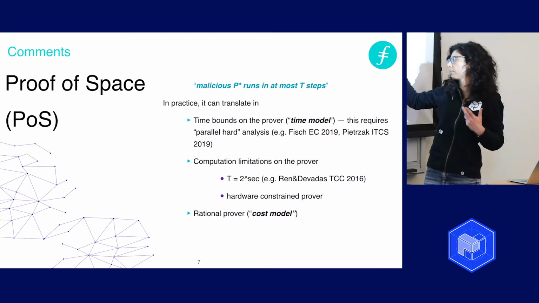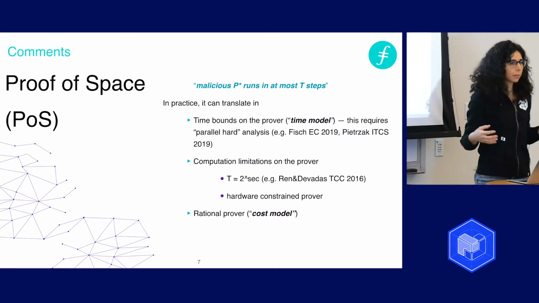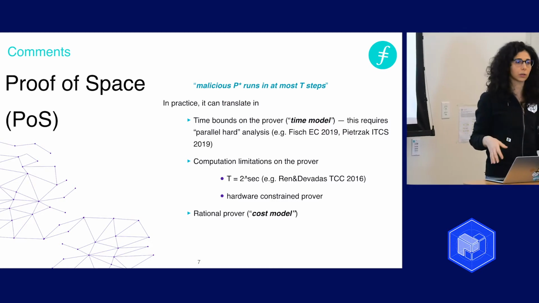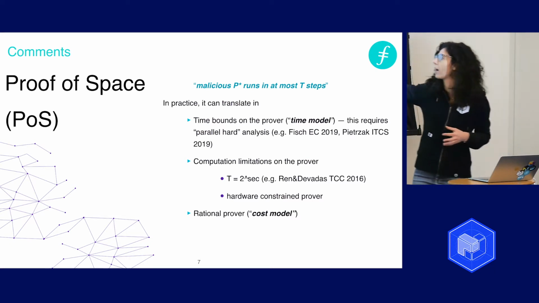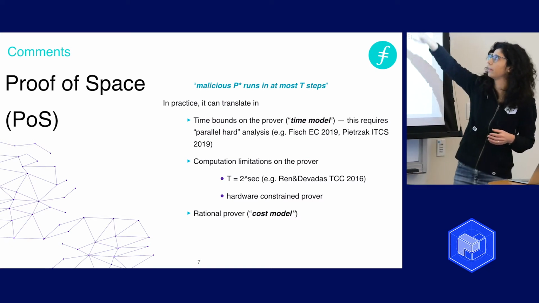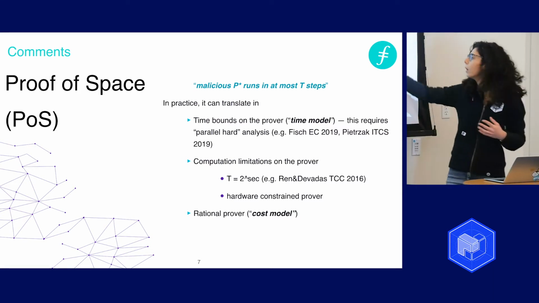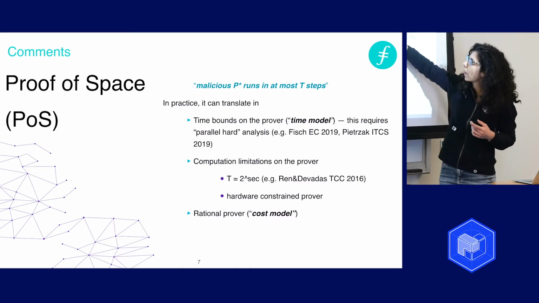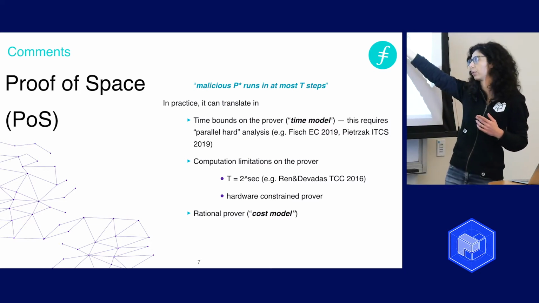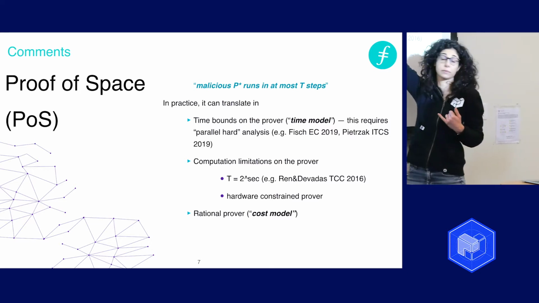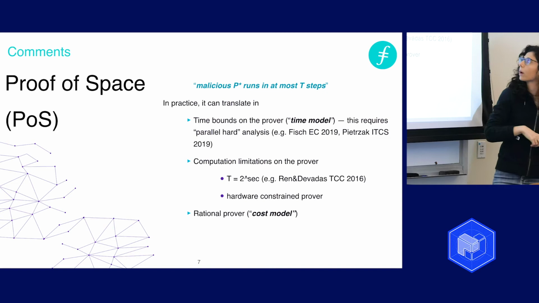Or you can have some physical hardware constraint on the prover. For some reason, the prover has to use this specific hardware and nothing else, and I know that on that hardware the prover needs some time, or can't do, for some reason, more than this many steps. So this is somehow an extreme of the other. They are a bit difficult to use in the real world. This is the one that we actually use in Filecoin, and so you will hear more about this later.